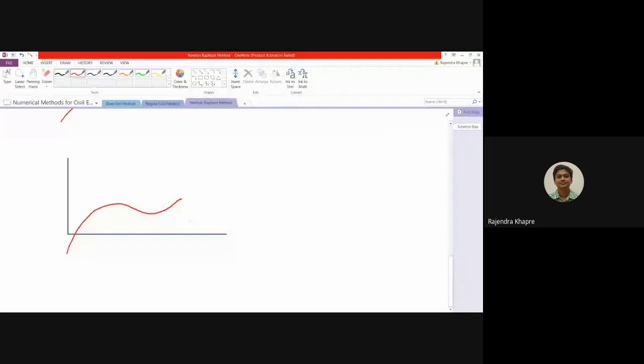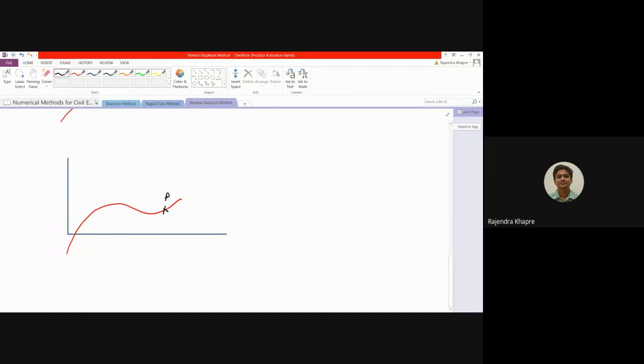Okay, so this is a curve. Now you can choose any point. For example, I have chosen this point. As far as this method is concerned, what we have to do is draw a tangent.